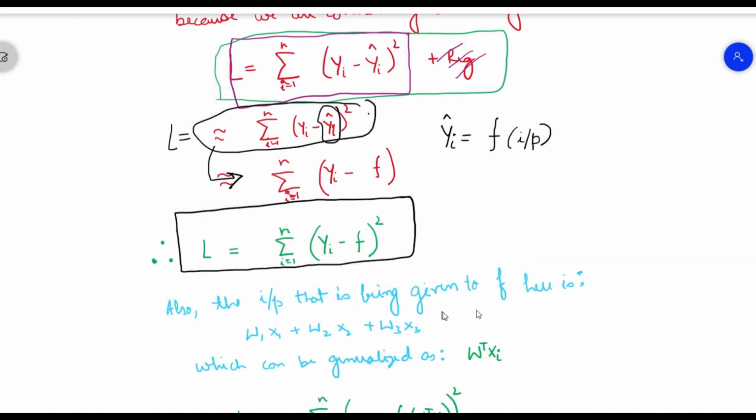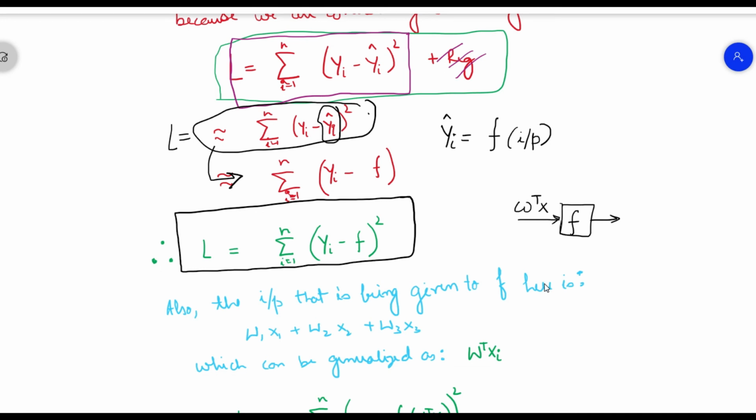Just to recap, we have already seen at the start of this video that the function is an identity function in the case of a linear regression single neuron model. The property of an identity function is that it gives the output in the same form as the input.